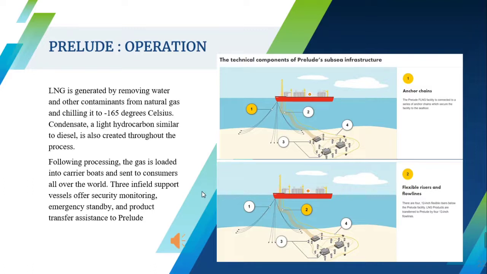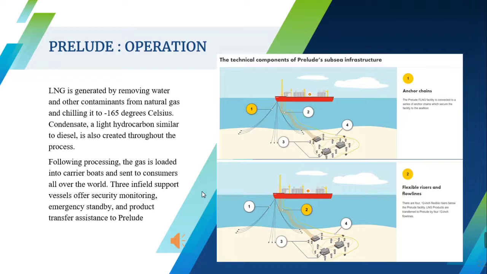So in the first picture, we can see the technical components of the Prelude subsea infrastructure. The first picture is the anchor chains. The Prelude floating liquefied natural gas facility is connected to a series of anchor chains which secure the facility to the seafloor.